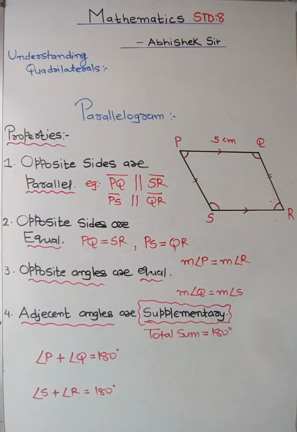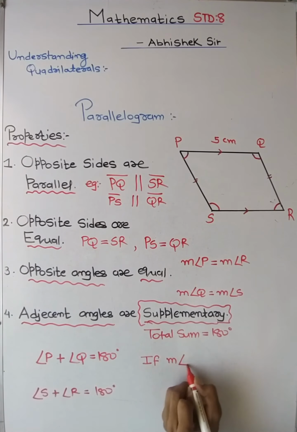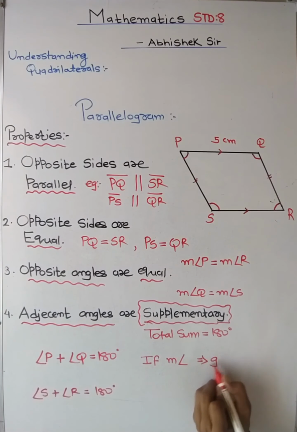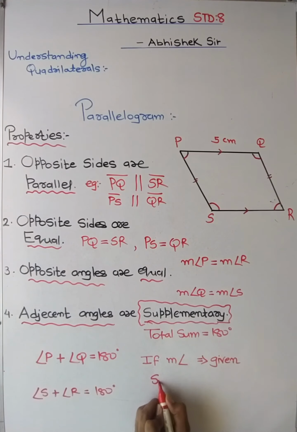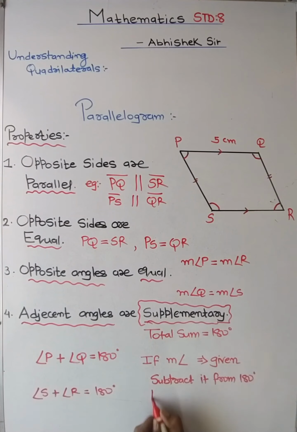Okay. Why is this very important? Because in case the measure of any one angle is given, then you can subtract it from 180 degrees to find the other angle.